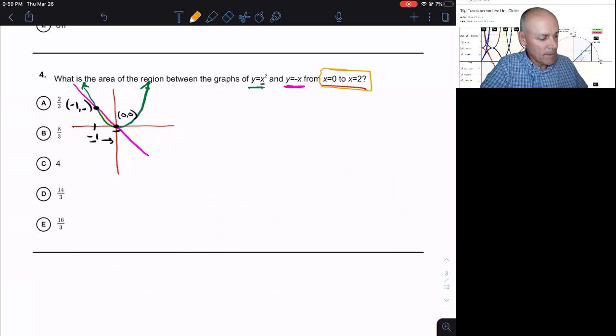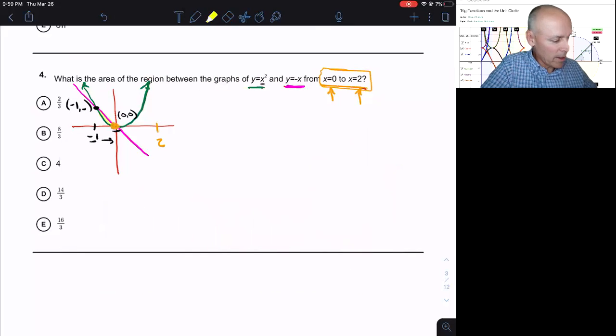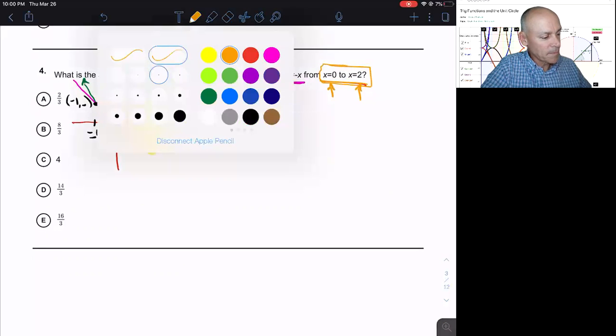So this tells us our lower and our upper bound. We want to go from 0 to 2. So actually, we're really interested in the area from there to there. Only from x equals 0 to x equals 2. Okay, well, let's try again.